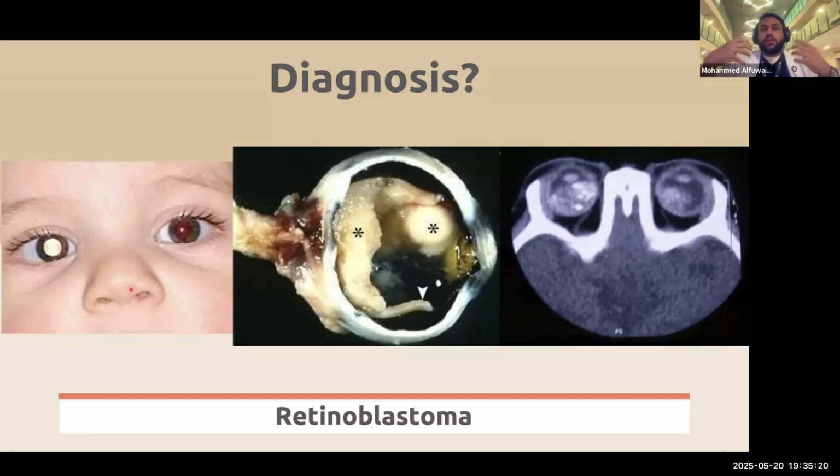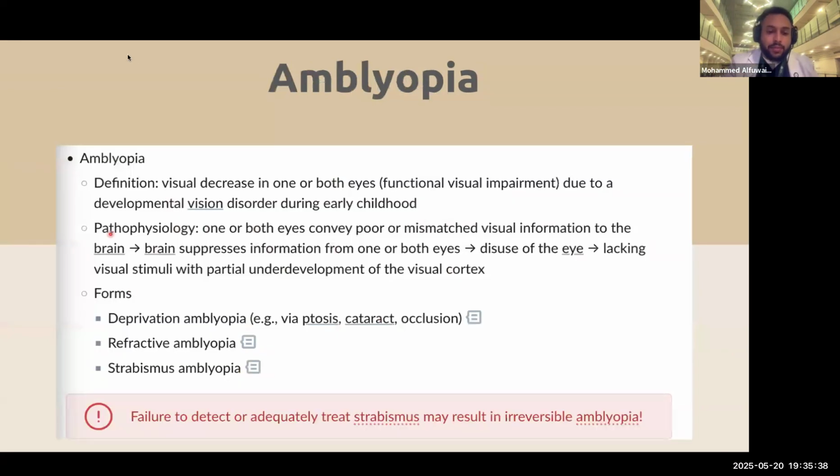If what you see is not being presented to the brain, the brain is like, all right, I'm going to give up on the eye. So we develop a condition known as amblyopia, lazy eye, which is visual decrease in one or both eyes.